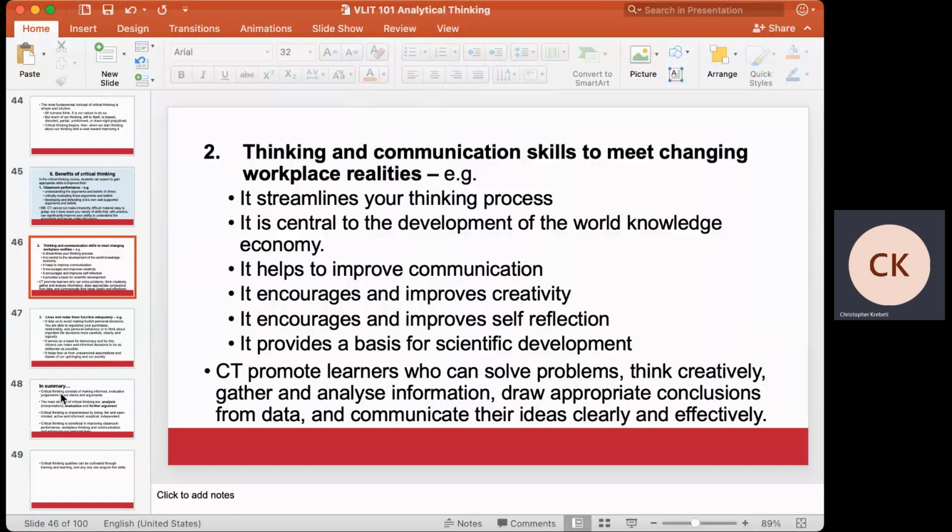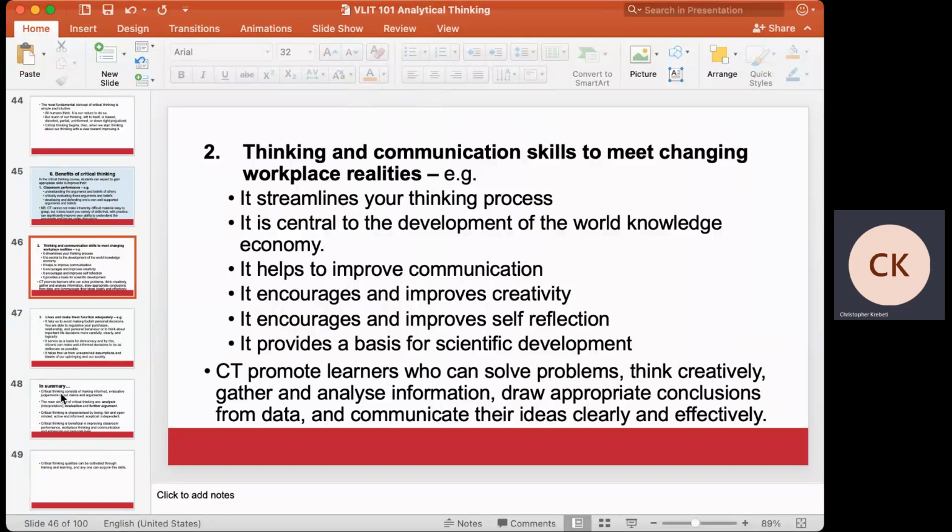It encourages and improves self-reflection. It provides a basis for scientific development. Critical thinking promotes learners who can solve problems, think creatively, gather and analyze information, draw appropriate conclusions from data, and communicate ideas clearly and effectively.